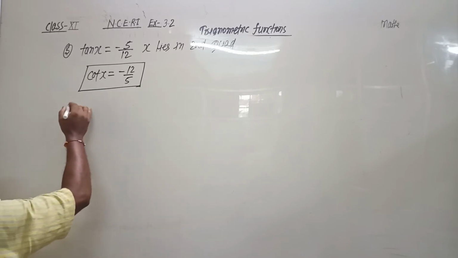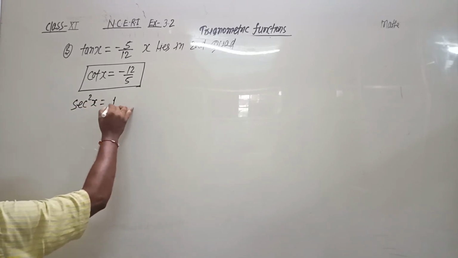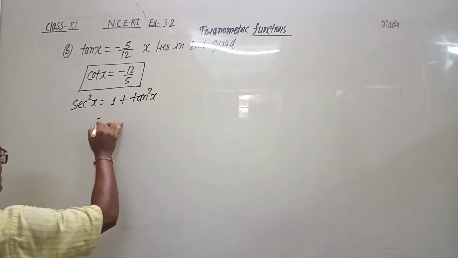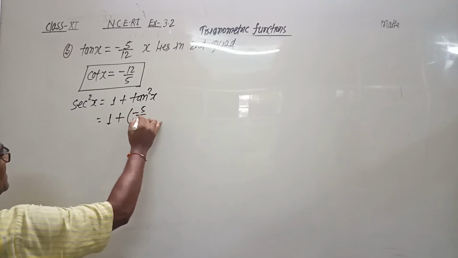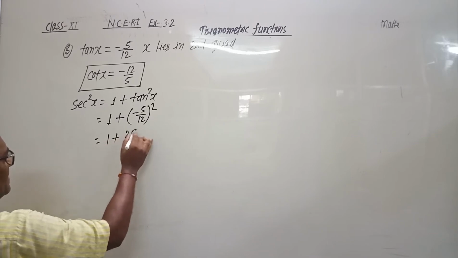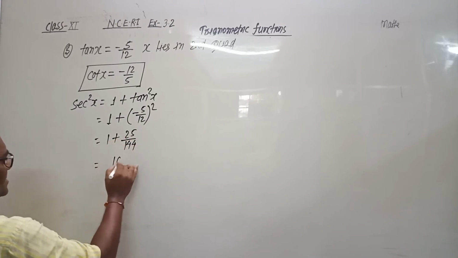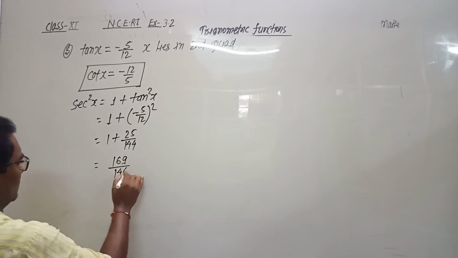Then we find sec x and we use sec square x equals 1 plus tan square x. The value of tan x is minus 5 by 12, the whole square. So 1 plus 25 by 144, 144 plus 25, 169 by 144.